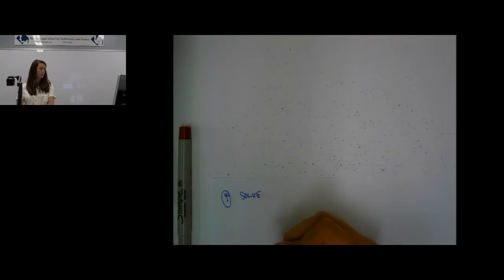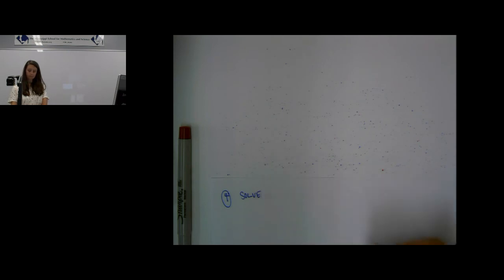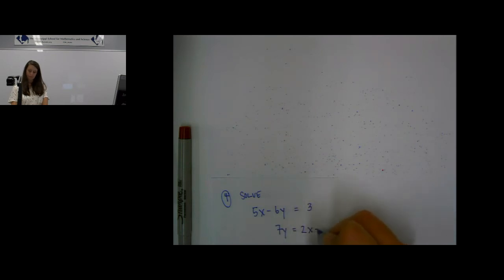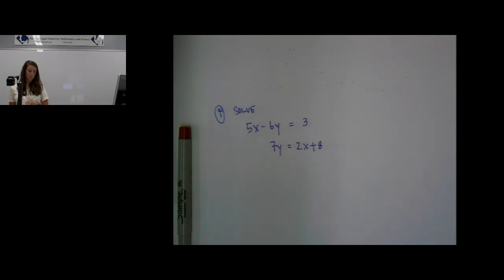Let's do another one. All right, so let's look at this one. 5x minus 6y is equal to 3, and 7y is equal to 2x plus 8.